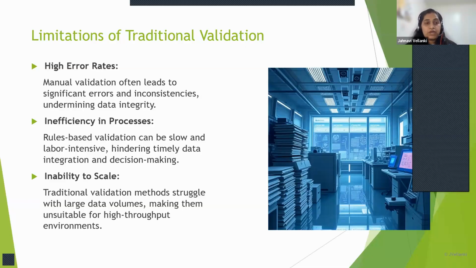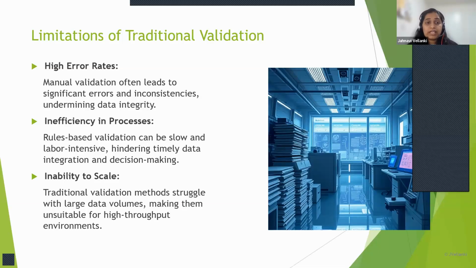There are high error rates. As I said, manual validation leads to significant errors and inconsistencies when there are large volume sets. There is inefficiency in processes, because with rule-based validation, when it comes to a complex system, this can fail.